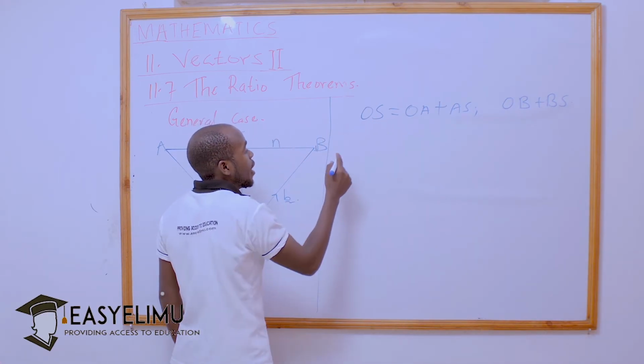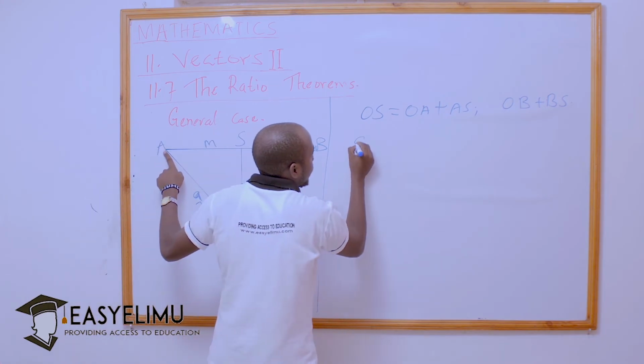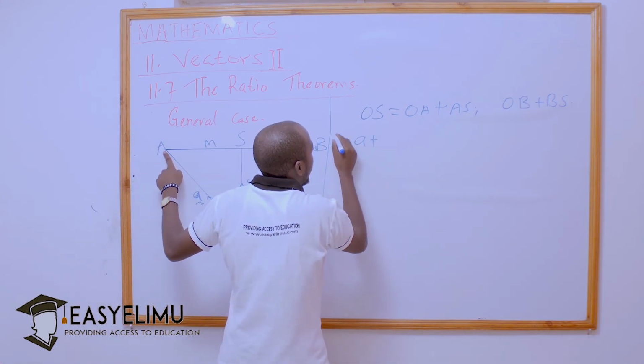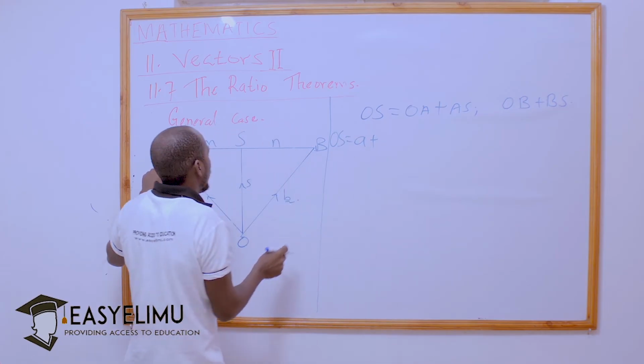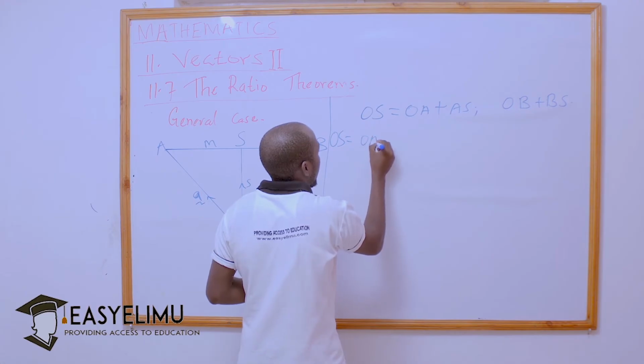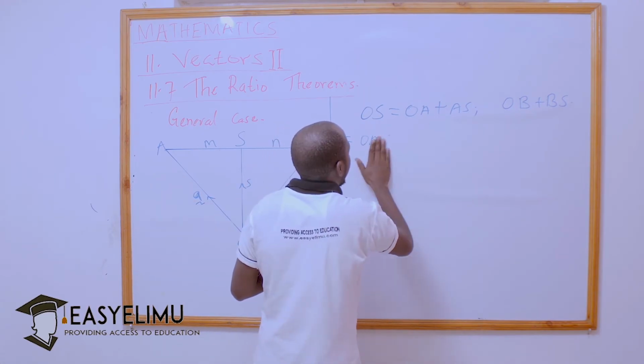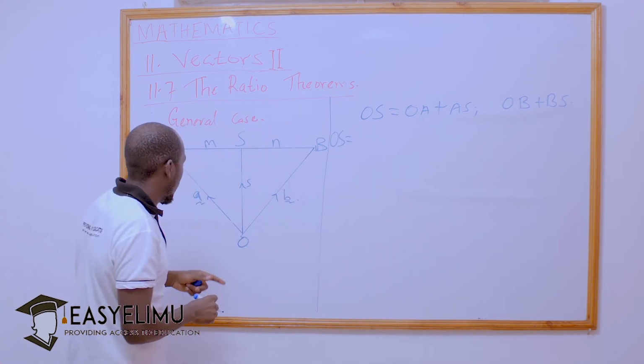Let's start with the first one, that is OA, and OA we have as A, so OS is equal to OA plus AS. Actually we have it here, so I'll just give the values.